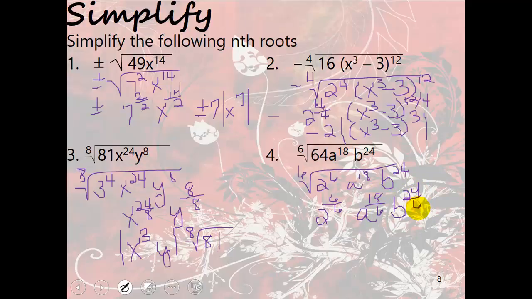This 2, I never have to worry about it going negative because it's positive. A to the 18 divided by 6, that's even over even, and I get an odd, so I know that has to go in absolute value. And b is even, but I get an even answer, so I don't have to put that in absolute value. So here is that answer.